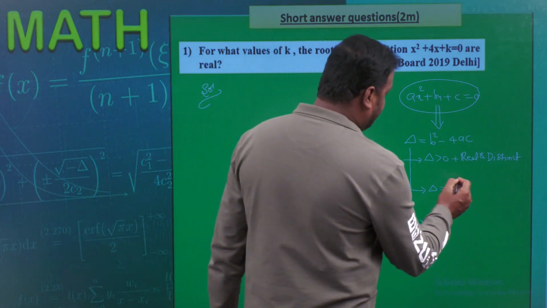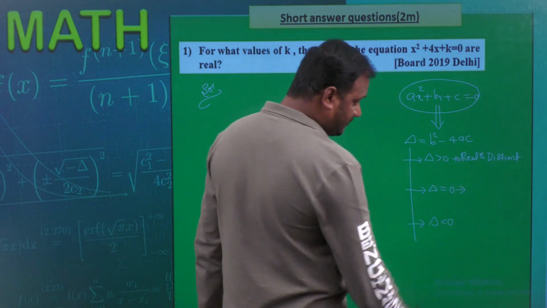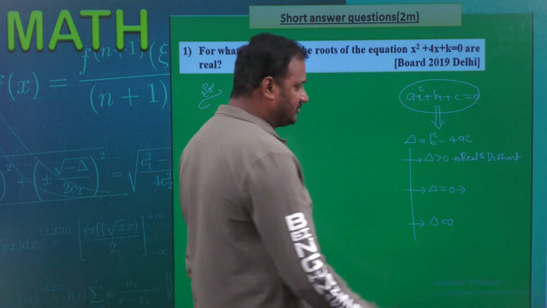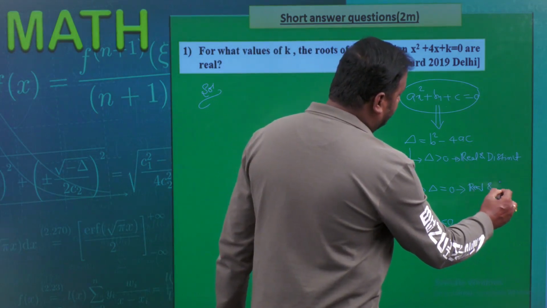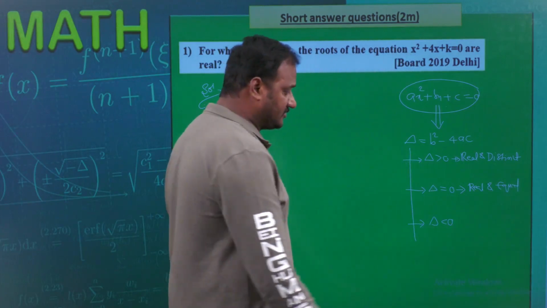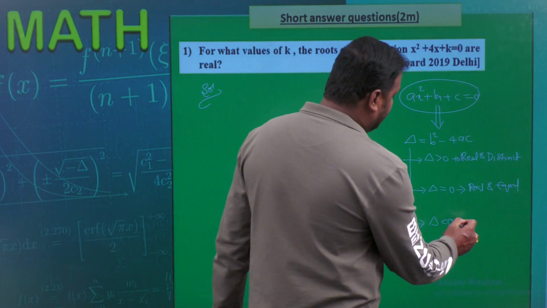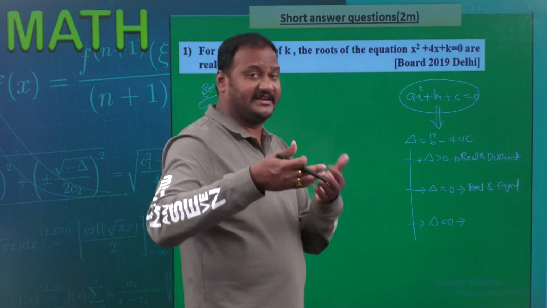If the value of delta is equal to 0, then the roots are real and equal. If the value of delta is less than 0, then they are not real roots, because delta is inside the square root.